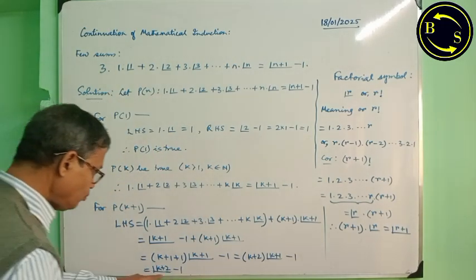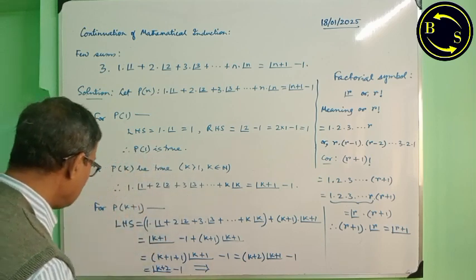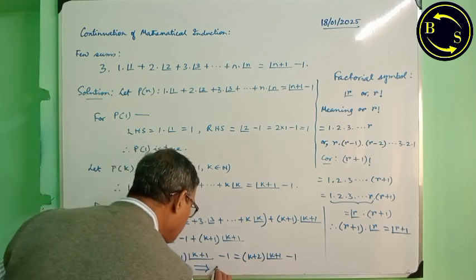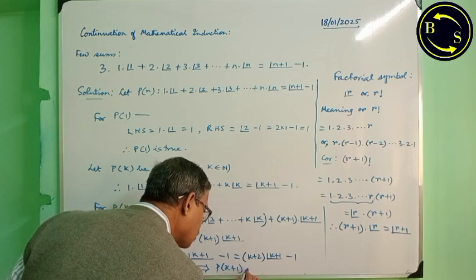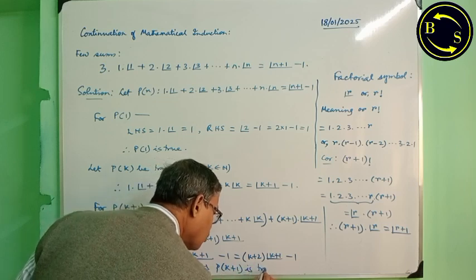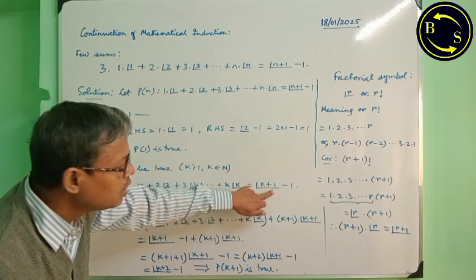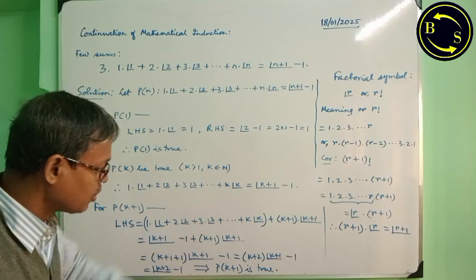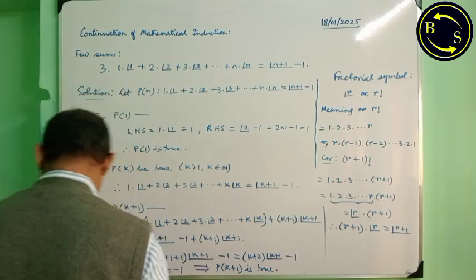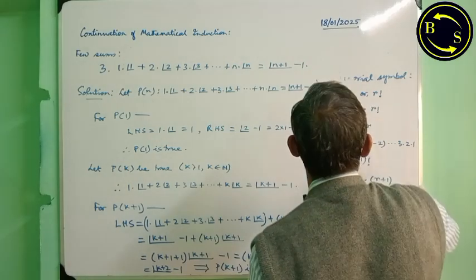From this, the immediate conclusion is Pk plus 1 is true. You see, that is of the form of this one, only k has been replaced by k plus 1. Therefore, we are now going to finish this one.